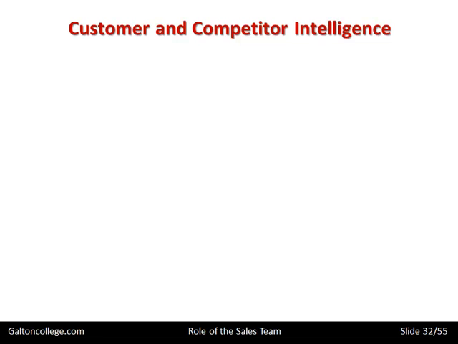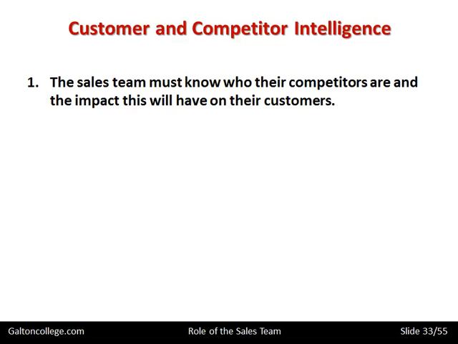Now, customer and competitor intelligence. Well, the sales team must know who the customers are and the impact the product will have on the customers. So they must know the competitors, they must know the customers, they must be aware of the whole environment. The customers will be sought by the competitors as well as the company.